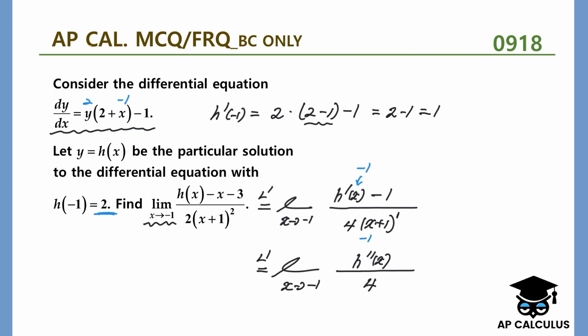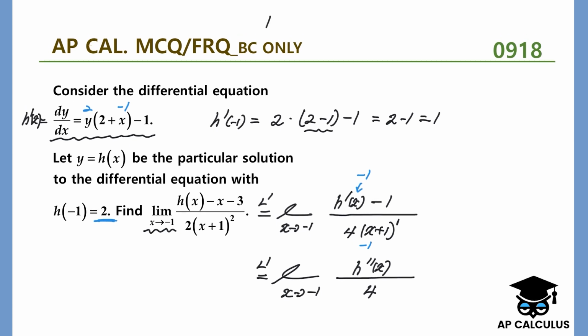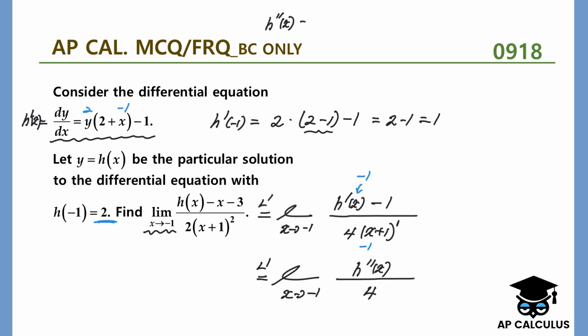Here, this is our first derivative, h prime of x. Then h double prime of x, which is the second derivative of this function, is equal to, we have to apply the product rule to find the derivative of this, because it's y times (2 plus x). Derivative of y, that's dy dx, times (2 plus x), plus y times the derivative of (2 plus x), that's 1. And minus the derivative of 1 is equal to 0, so that's just a 0.